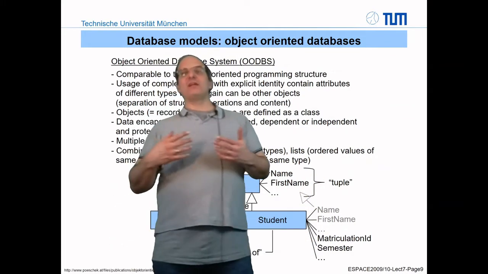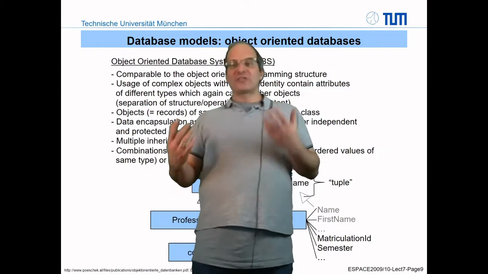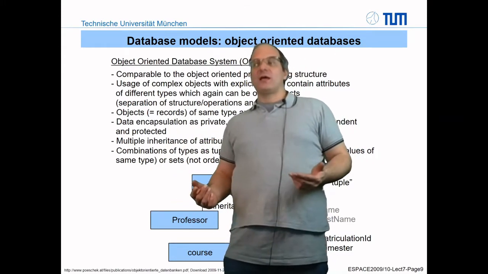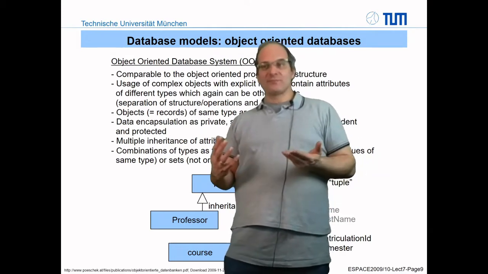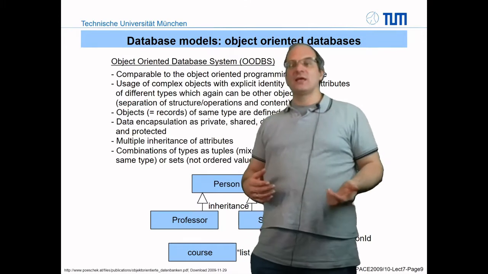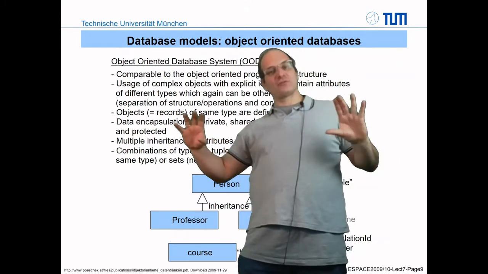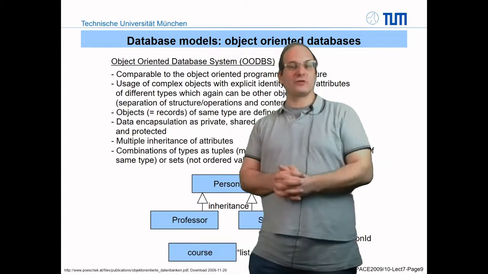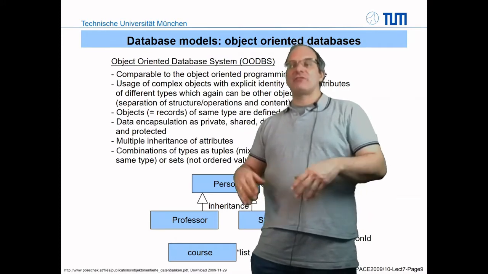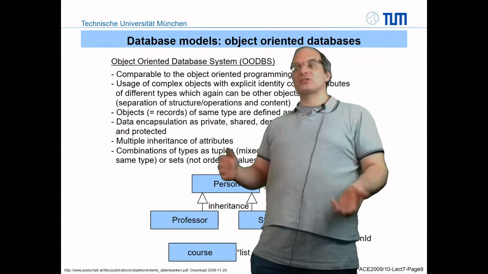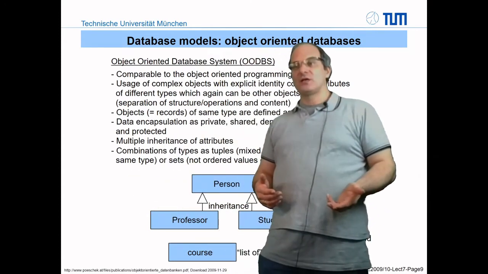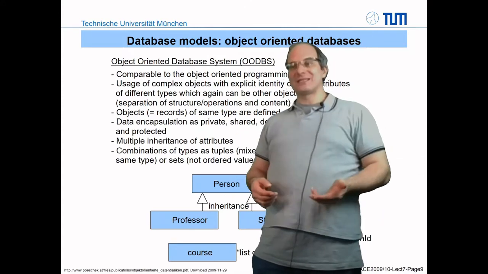So it's very comparable. Objects are in principle records of the same type, and they are defined as a class. The data are encapsulated as private, shared, dependent or independent, and protected. So you have the same structure, or a very similar structure, to what you know from the object-oriented programming languages. You have inheritance, and combinations of types as tuples, lists or sets are possible, so that you have different possibilities.